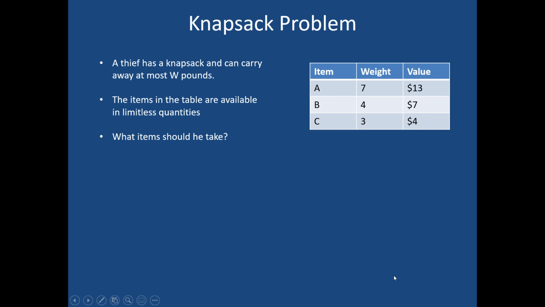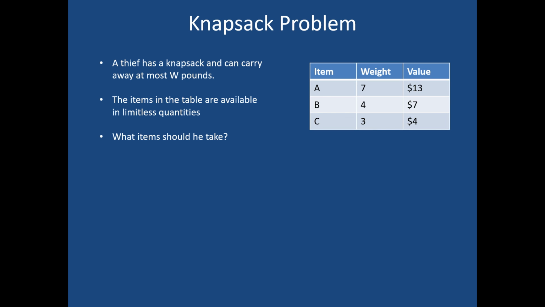I want to finish with one last famous example of a greedy choice algorithm, or of an optimization problem called the knapsack problem. And it's this. You have a thief that has a knapsack that can carry at most W pounds.